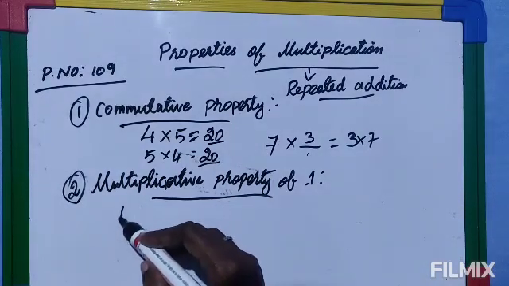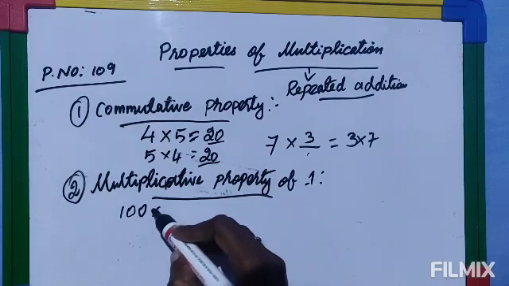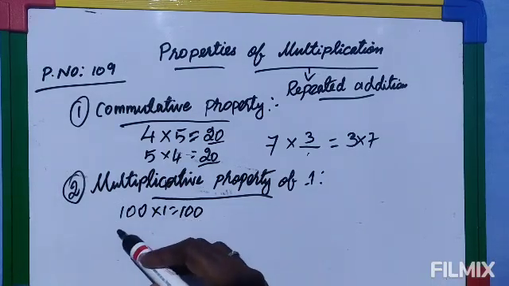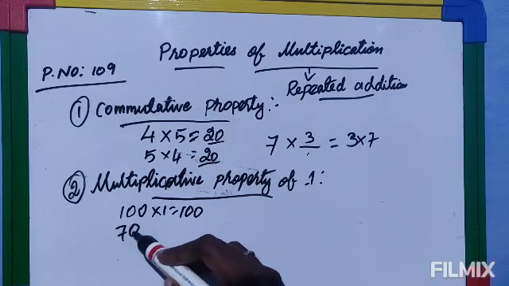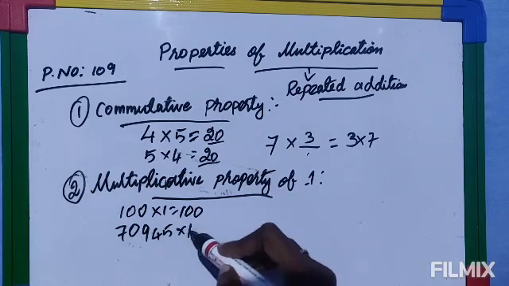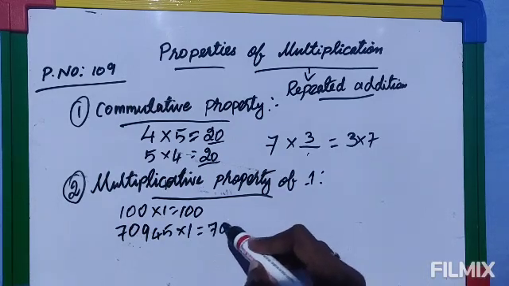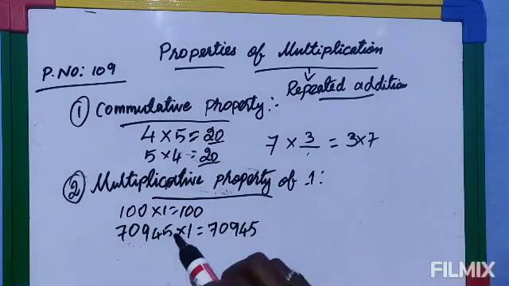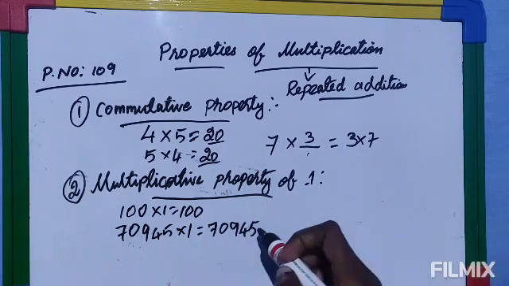Suppose 100 is there, if you multiply 100 by 1, you will get 100 only. So for any number, like 70,945, if you multiply by 1, you will get the same number as the answer. So if you multiply any number by 1, the product is the number itself.